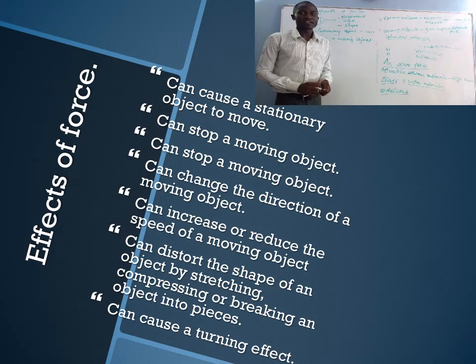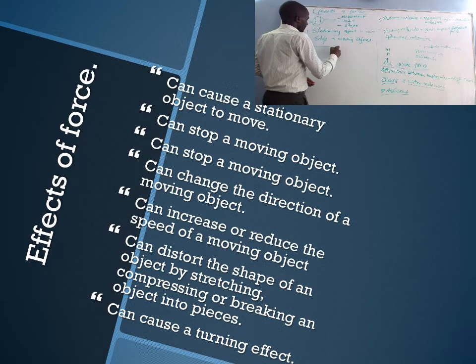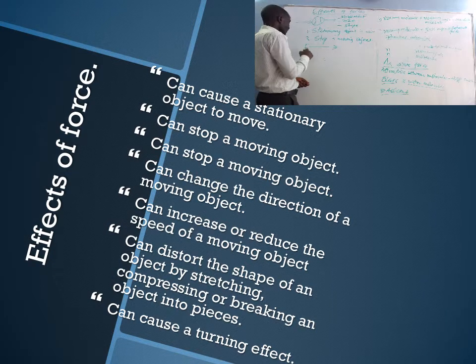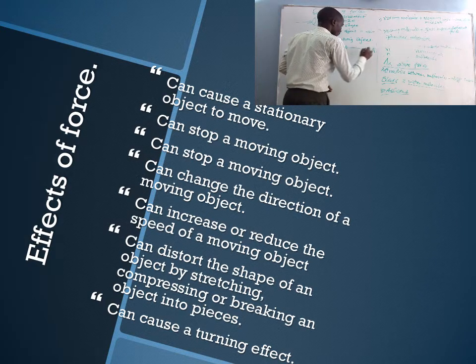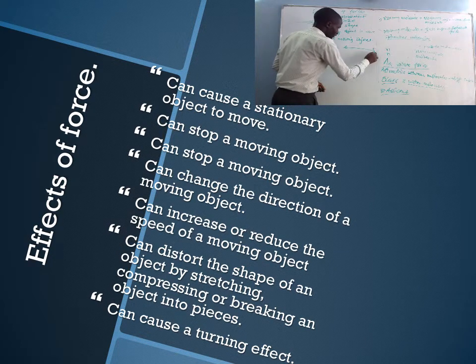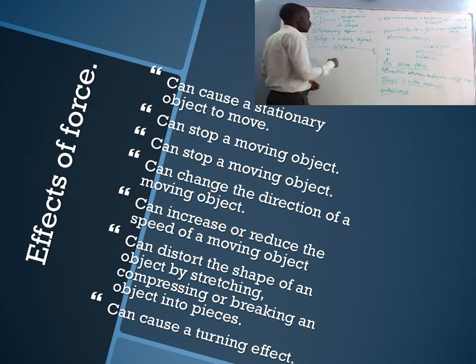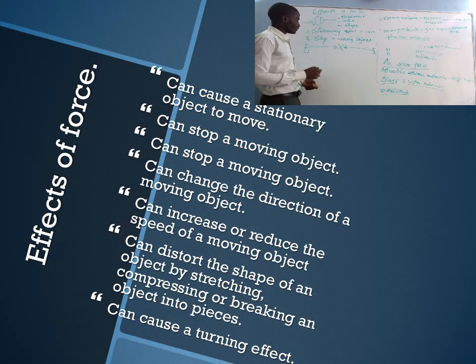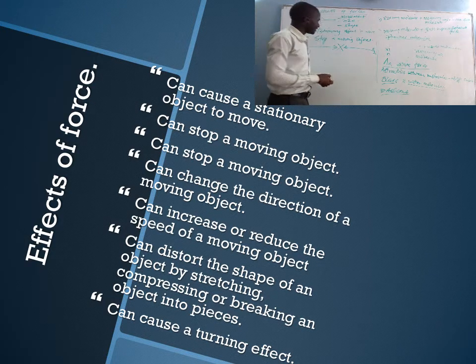For instance, if two vehicles moving in opposite directions collide, the first vehicle has a force F1, the second vehicle has a force F2. If the magnitude of this force and the magnitude of the second force are equal, then the two forces will neutralize, will cancel each other, and therefore the two vehicles which were moving remain stationary.